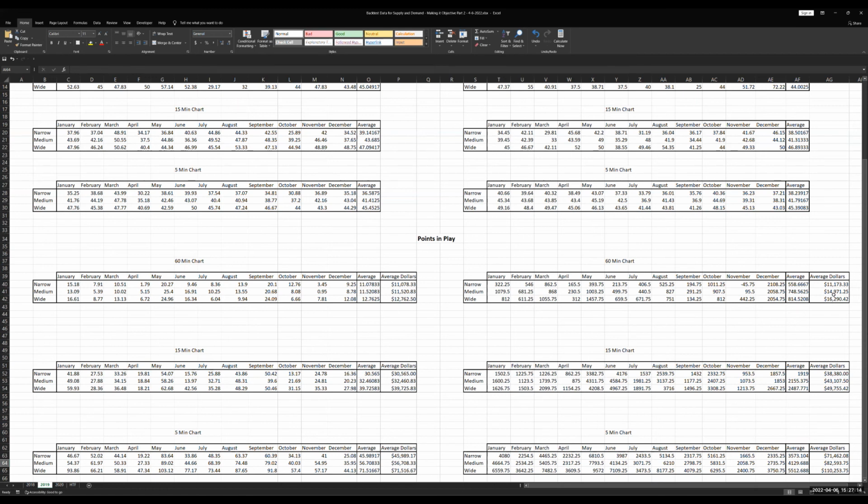On the NASDAQ, again, we pretty much show the same thing. As we go down in time frame, the potential earnings go up. And interestingly, we still see again that you could have made more money on the NASDAQ than trading oil.